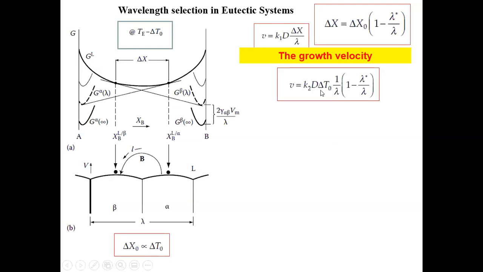The key thing I want to bring to your attention is that first we have this relation between V and delta T naught, the imposed supercooling in the system. The larger the supercooling I have, the larger the growth velocity in general. This is clear and quite familiar now.